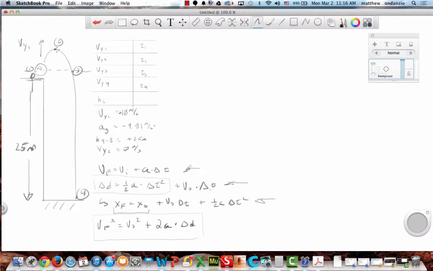If it was free fall, could I figure out the time it takes to get to 4 if I knew the whole height? How do I get this height? How could I possibly get the height between 1 and 2, guys?